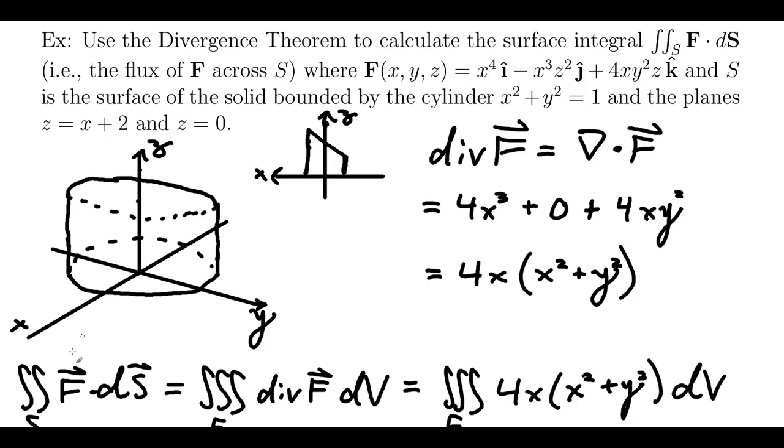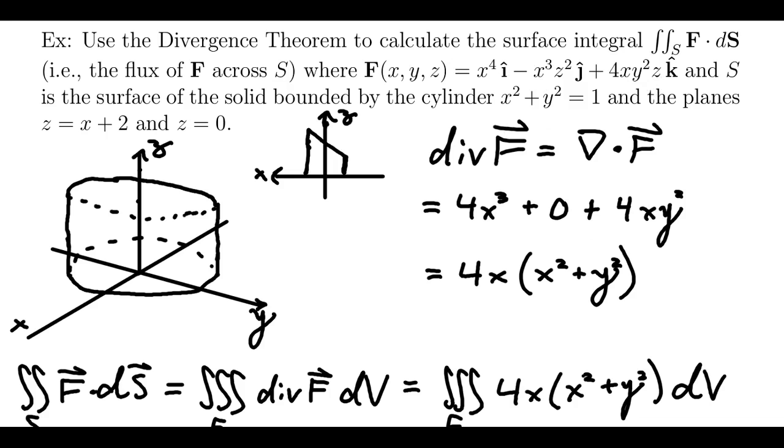Surface integrals can be kind of a pain sometimes, but as long as they enclose a boundary that is easy to describe, we can try computing the divergence, which often simplifies things considerably, because you're taking a vector field and reducing it down to a scalar field. And if things are nice enough, that usually helps. Some functions get worse when you differentiate them, but especially when you have polynomials like this, those tend to get cleaner.